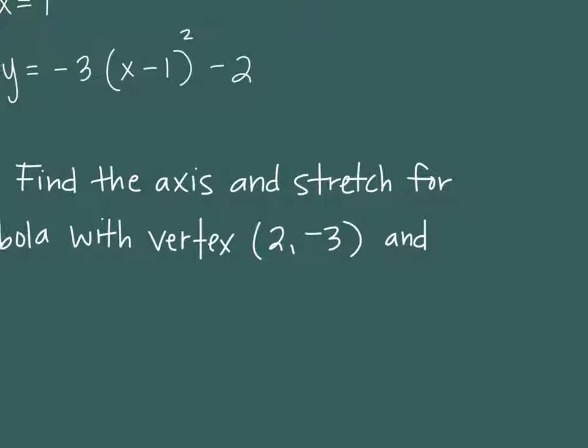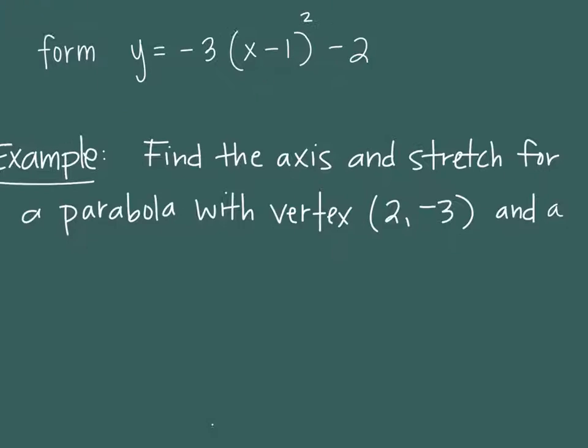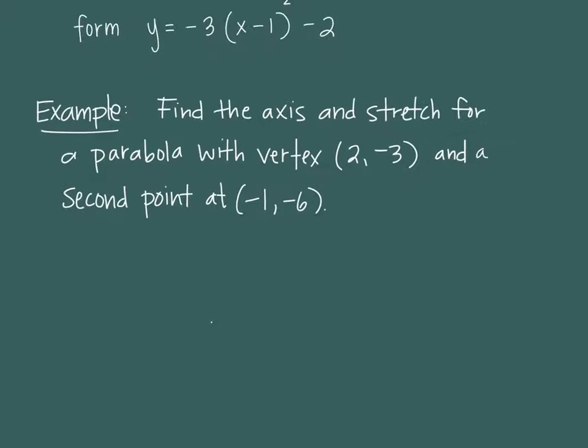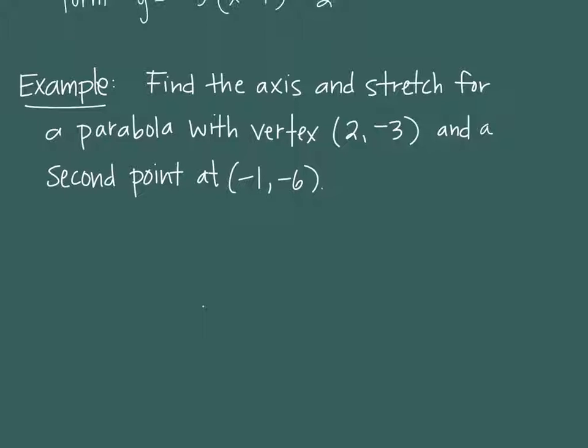And a second point at -1, -6. Find the axis and the stretch. So this time, last couple times we've always known what the stretch was. This time we want to find the stretch. That's the A value.